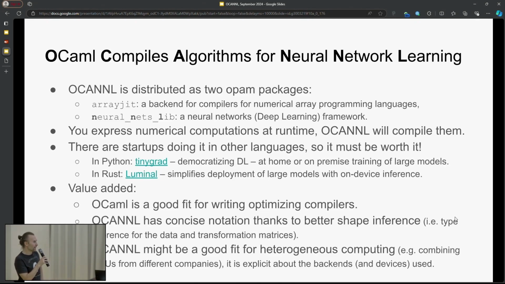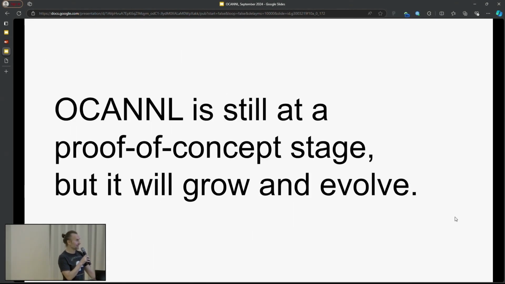And since OCANNL is explicit about when you compile, it might be good for heterogeneous computing, but it's also a bloat overhead in your code. So I'm thinking of one day adding another convenience layer that will maybe become clear later. So it's definitely a proof of concept. It's not efficient yet. Maybe not too bad on CPU, but GPU just starting. It will grow and it will definitely evolve.